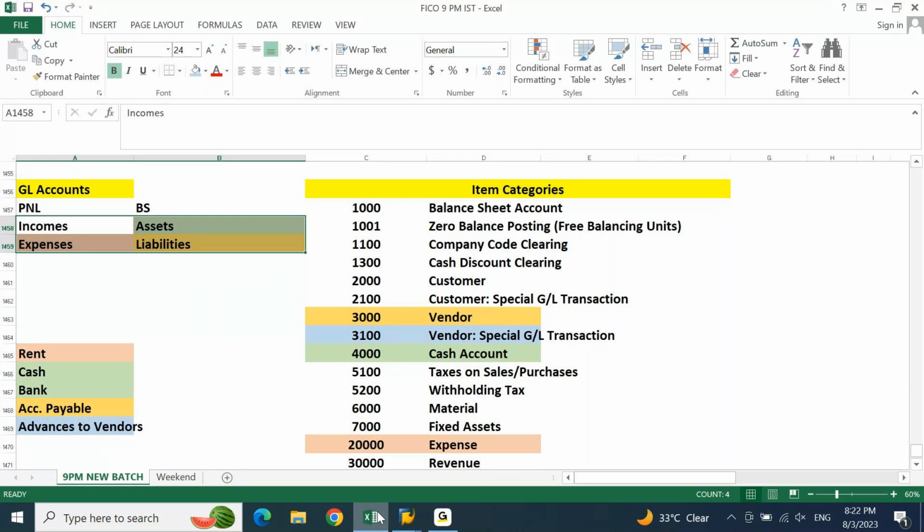Now, when you're creating your company code, when you're creating your practice, you have to think of the end point, which is your balance sheet. If the balance sheet is not running in your mind, we created a company code, we started practicing, nothing is in line, we have no clarity on what we are doing. With this lack of clarity, if we are working on the system, no matter whether we create one company code or 10 company codes, it is not going to help us.